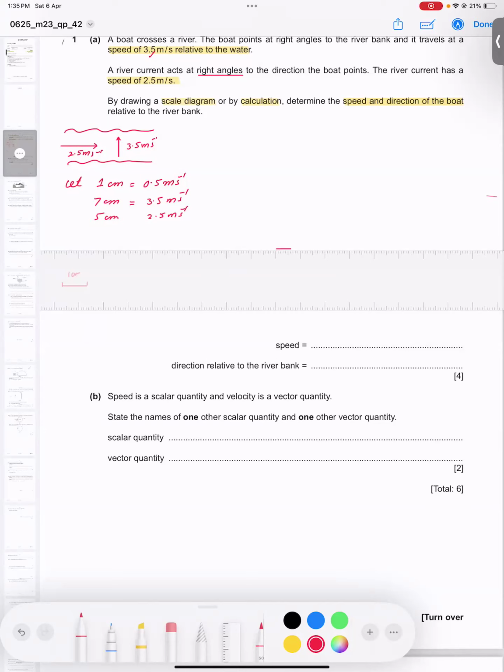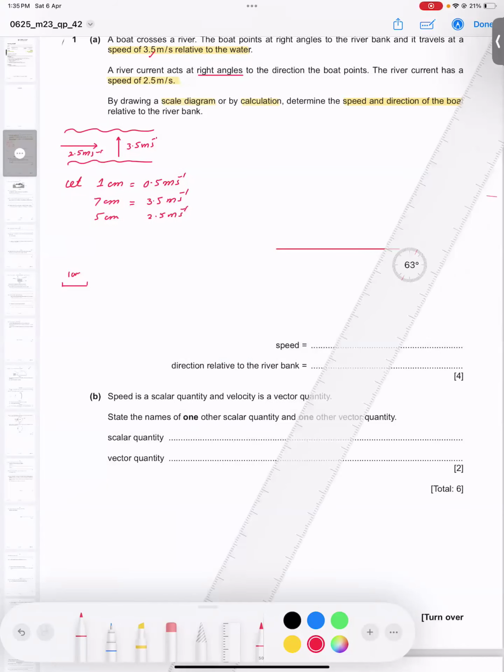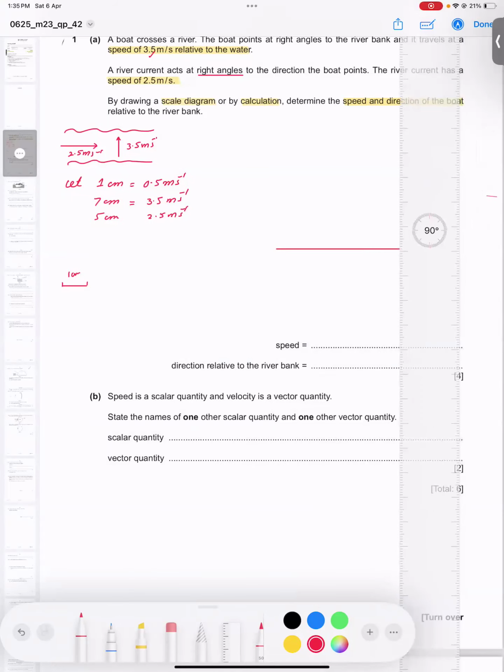So from here, it's 1 centimeter, 2, 3, 4, and 5 centimeter. This is 5 centimeter. And then at 90 degrees, I will draw a 7 centimeter: 1 centimeter, 2, 3, 4, 5, 6, and 7.